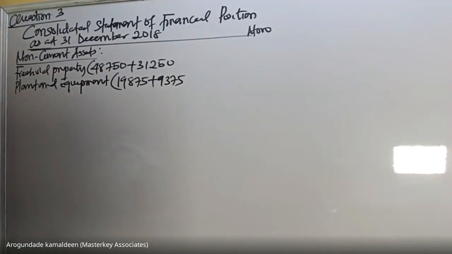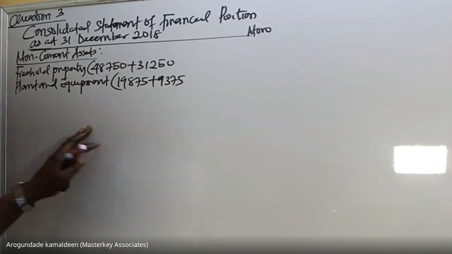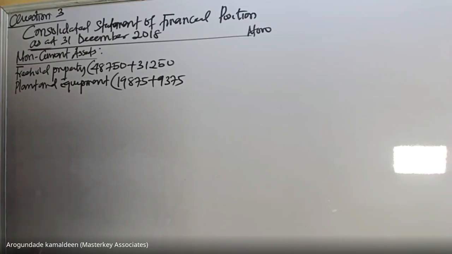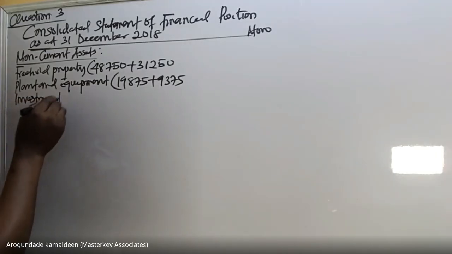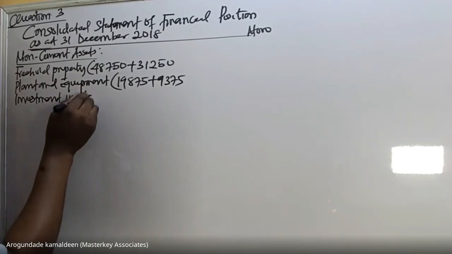You know that the investment is not always coming here, right? So leave a line for goodwill. Now you will give this to say investment in associates.